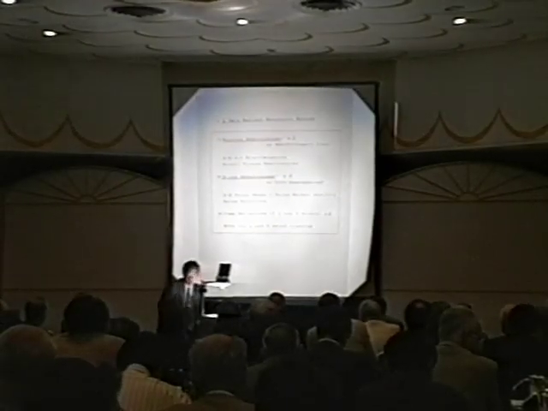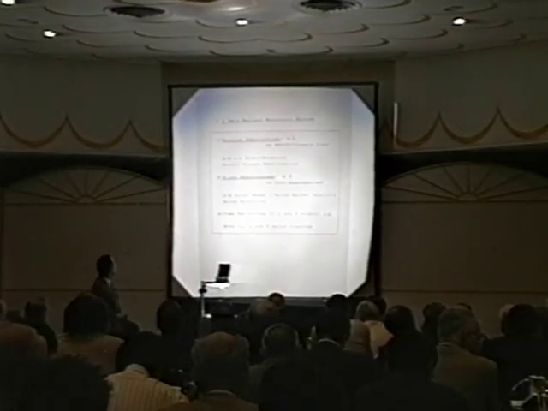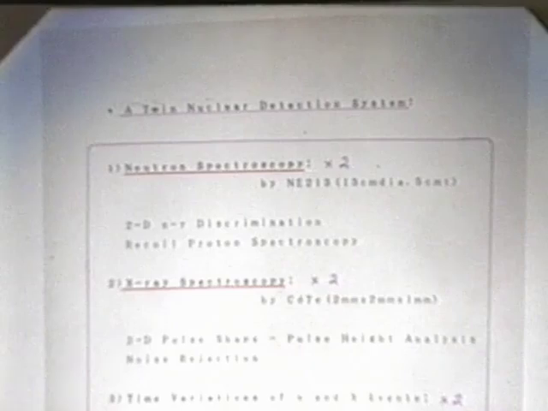And for the nuclear detection system, we have used 2 sets of neutron spectroscopy system using the NE213 fast neutron spectrometer, using 2-dimensional gamma discrimination and measuring the recoil proton spectrum. And for X-ray spectroscopy, we used again 2 sets of cadmium telluride detector system, again using a 2-dimensional pulse shape discrimination.